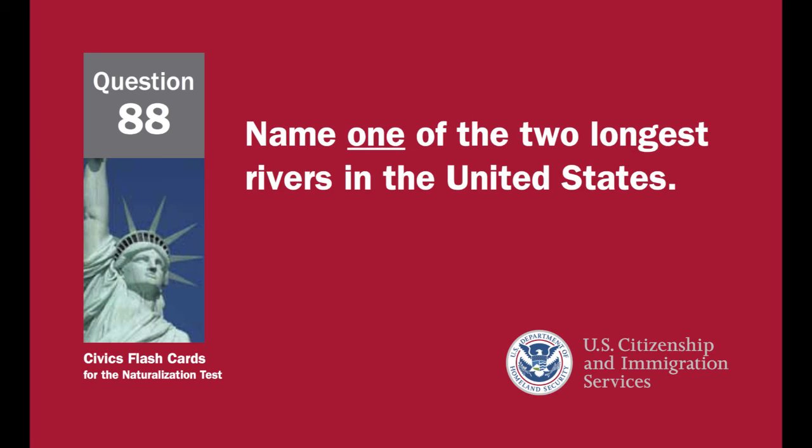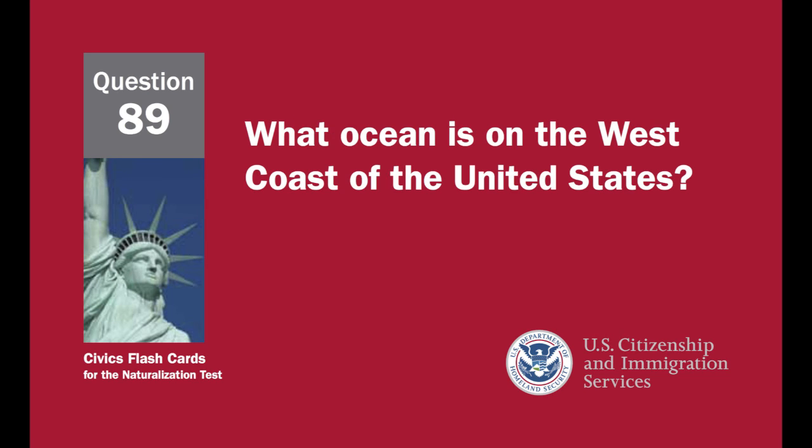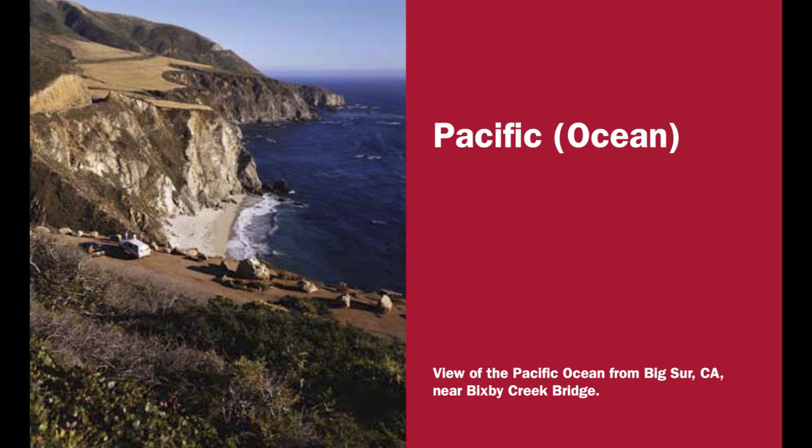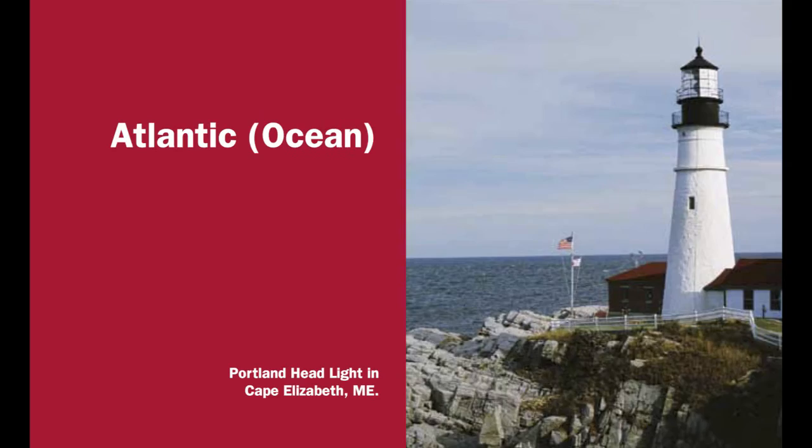Name one of the two longest rivers in the United States. Missouri River, Mississippi River. What ocean is on the west coast of the United States? Pacific Ocean. What ocean is on the east coast? Atlantic Ocean.